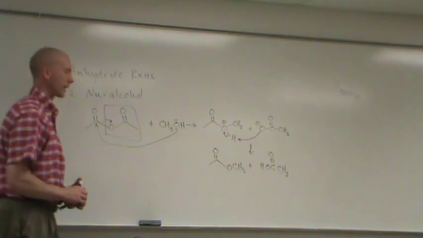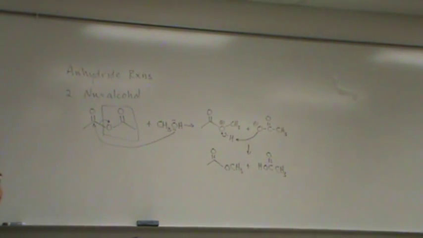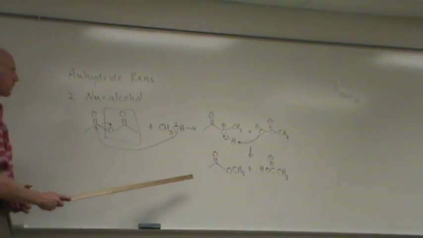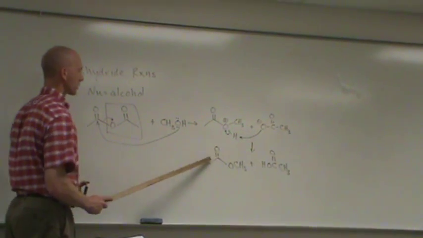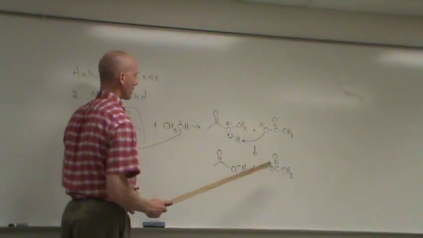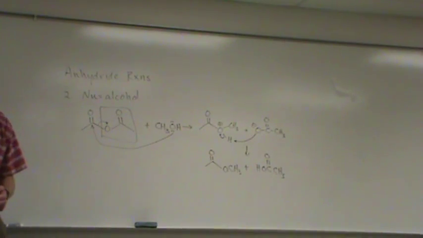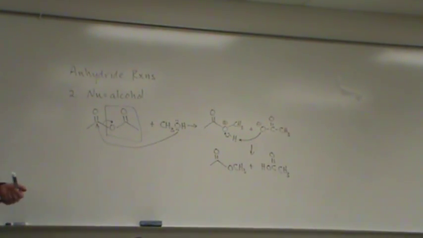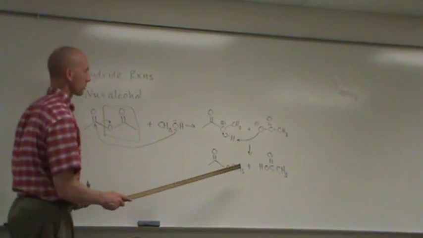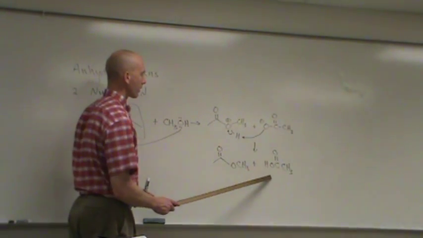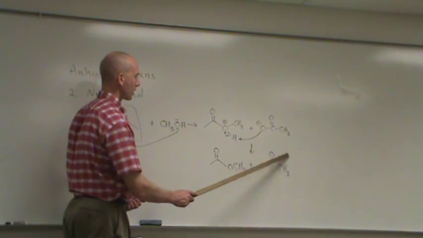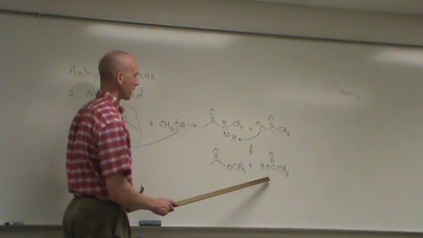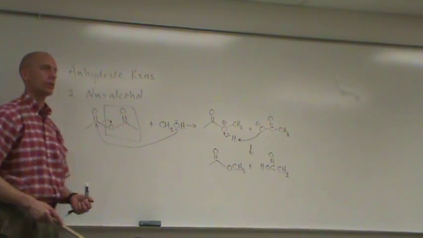So we end up getting these two products here, where, again, remember this one here is an ester, and this one a carboxylic acid. Just like in acid chlorides, the byproduct was always HCl, here in acid anhydrides, the byproduct is always a carboxylic acid.